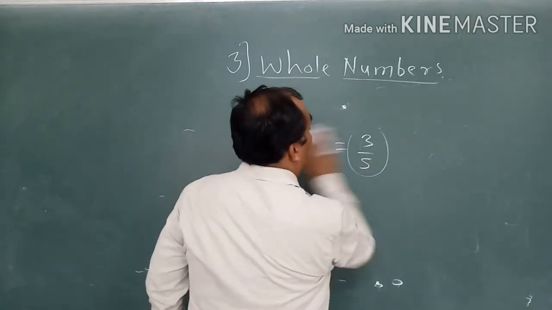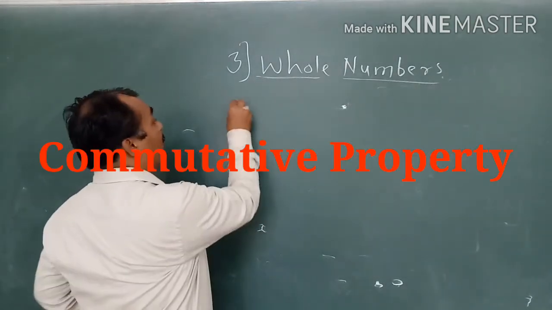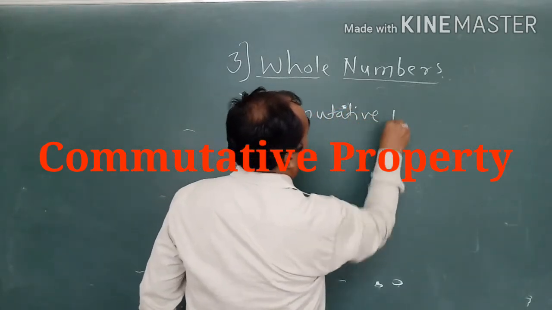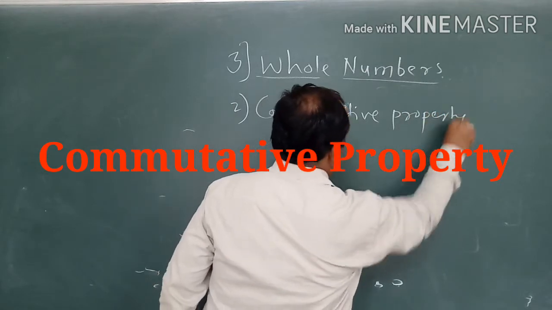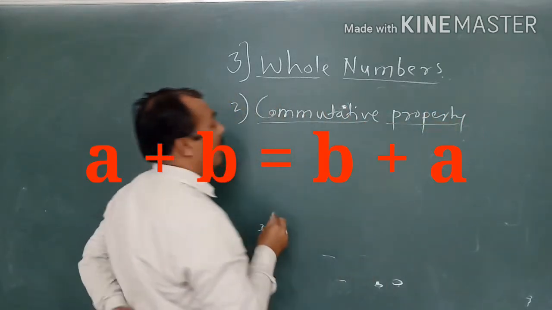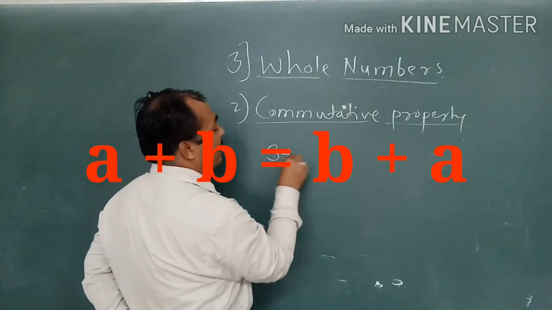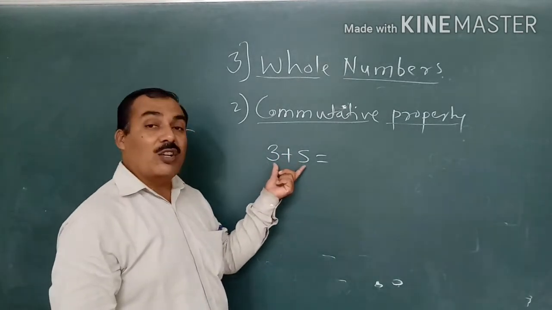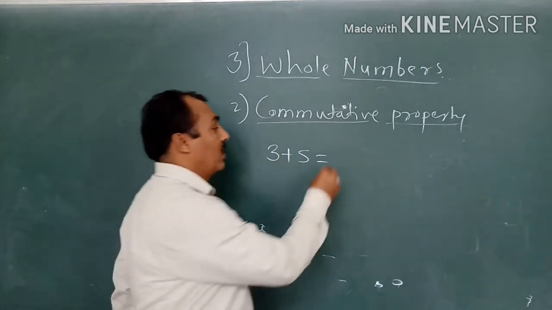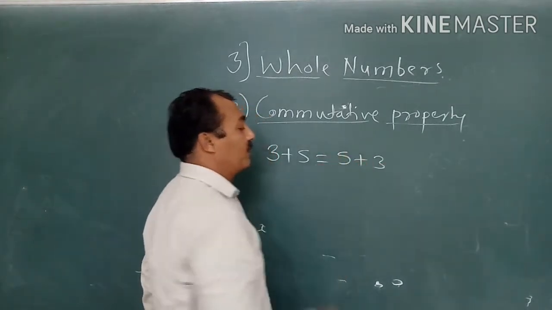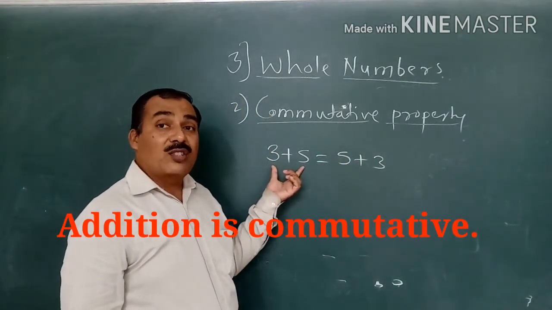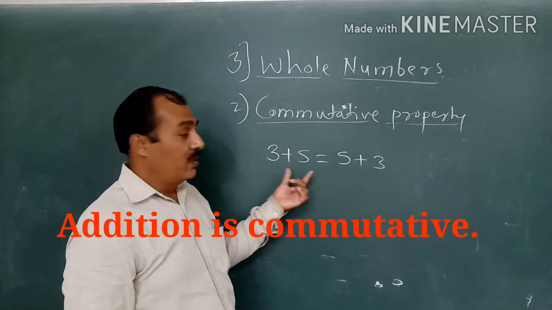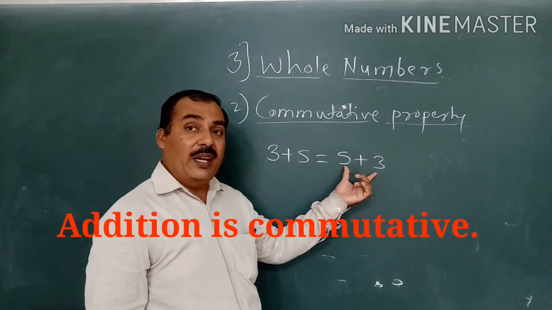Next, the second property, commutative property. When we change the order of the numbers, 3 plus 5 is the same as 5 plus 3. 3 plus 5 is 8, and 5 plus 3 is also equal to 8.